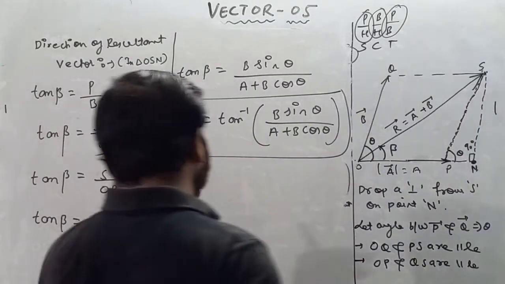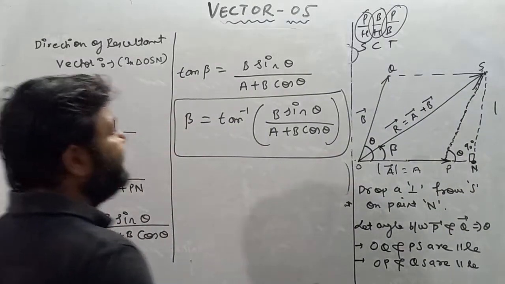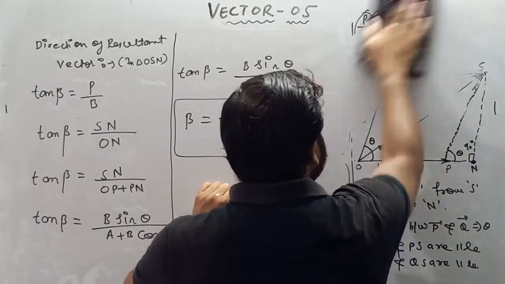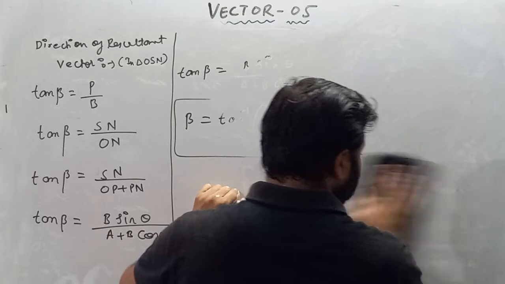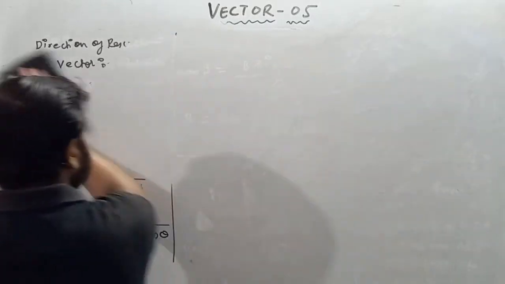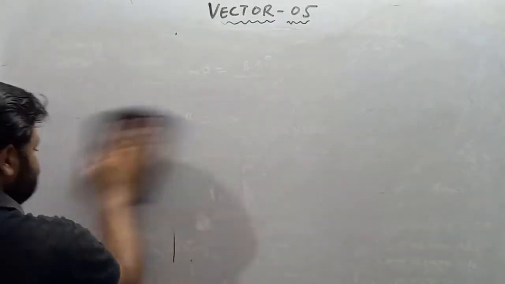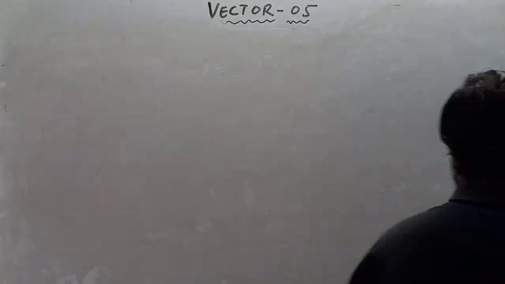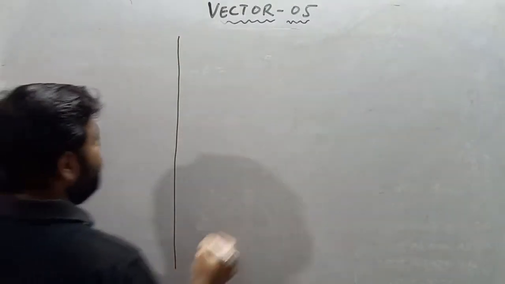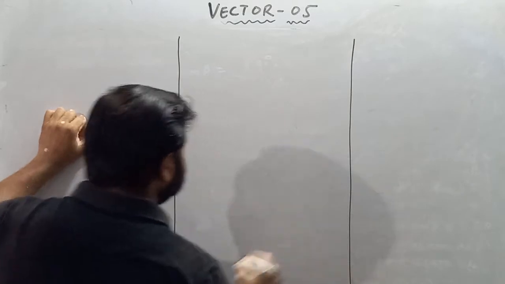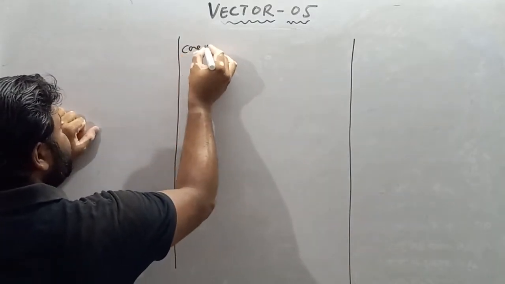Now with this formula, we'll discuss different cases. So write down case 1, write down special case. See, my dear student, let's suppose we have two vectors, case 1.